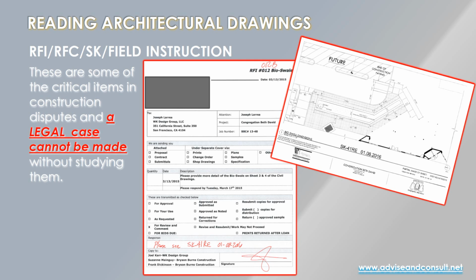And typically on a large project, each one of those will have its own log, and they will be tracked whether they've been answered or not, and whether the answer was sufficient or you need to resubmit. That's actually probably why this was called SK1RE. It was a resubmittal for additional information on the bioswale that was requested.